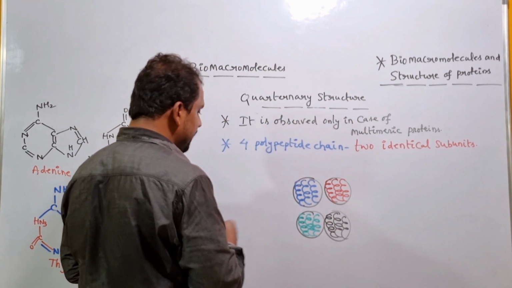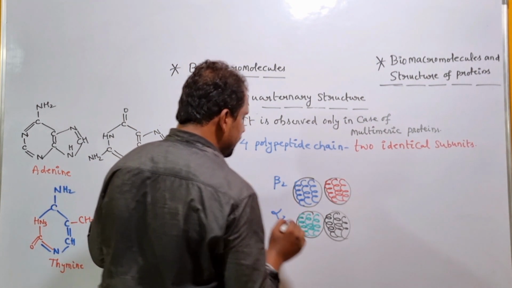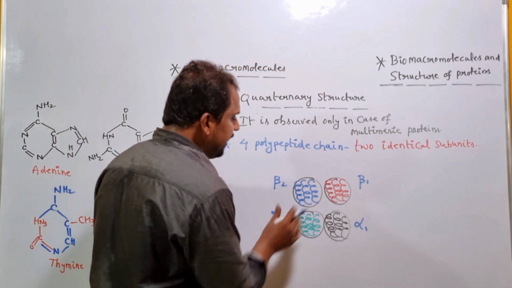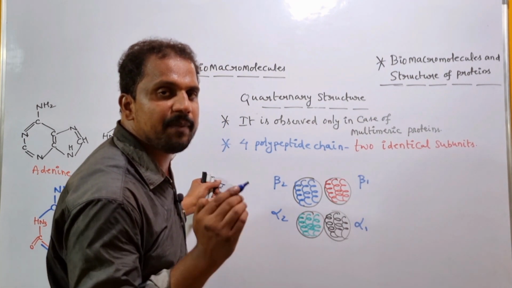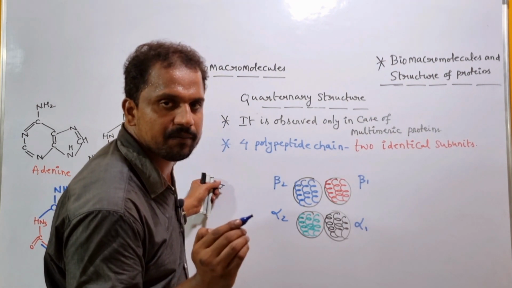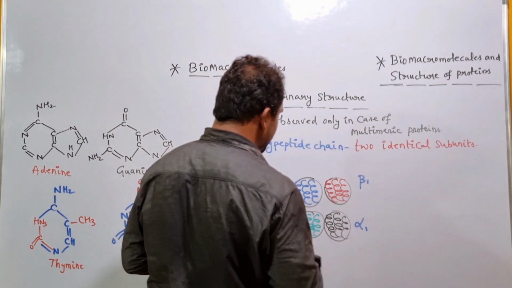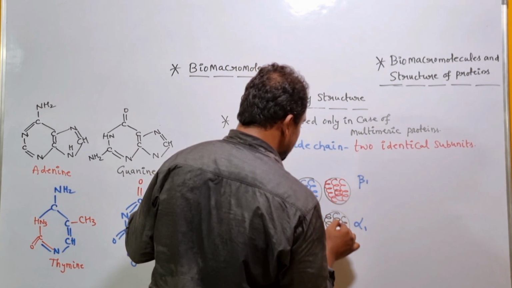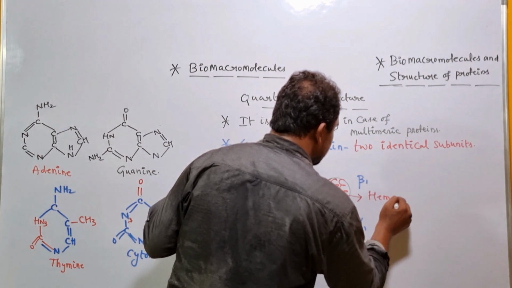So here it is nothing but what? Beta 2, alpha 2, and here it is nothing but what? Beta 1, alpha 1. Each subunit in the quaternary structure may contain the heme prosthetic group. Is it clear? The heme prosthetic group, right?